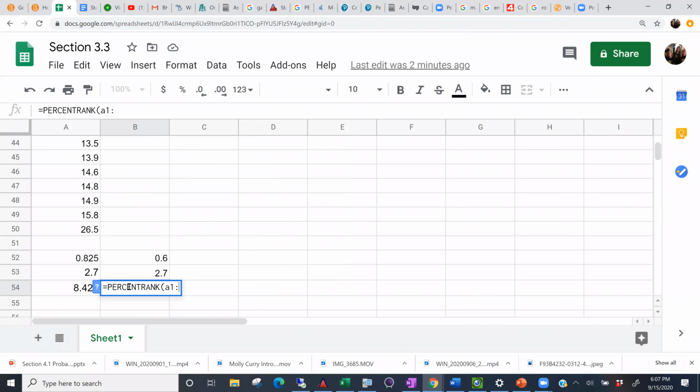Your data is in A1 to A50. We want to know what's going on with 10.8. So that's the command that you're going to type in. And when you're ready, press enter. I'll leave it there for another second or two, but I think it's going to give us like 80.6 or something like that. Is that right?